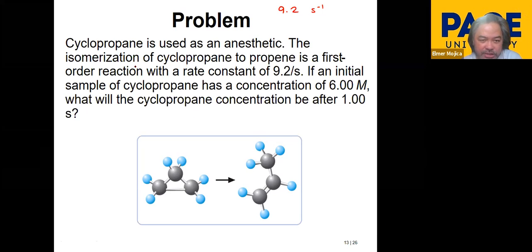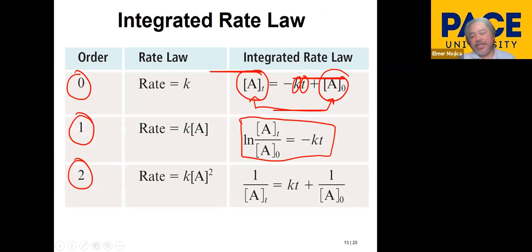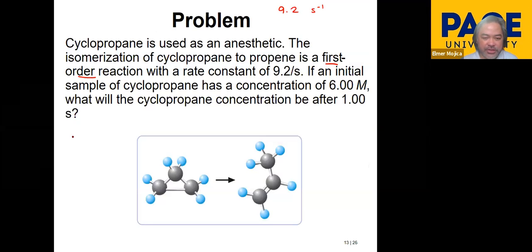Now, the problem has to tell you what order the reaction is, because as I have shown you in the previous table, each order has its own integrated rate law. If I use the wrong rate law, it will give me a wrong value. So since it is a first order reaction, you can always go to this equation.